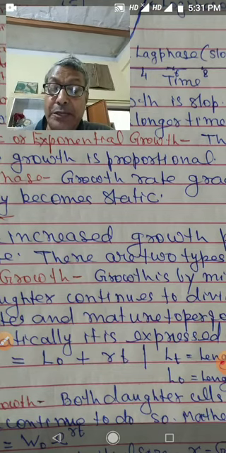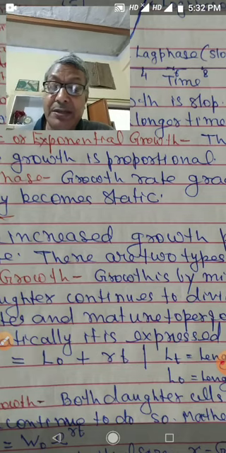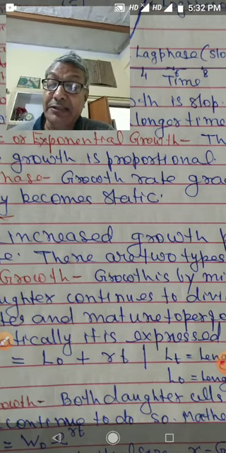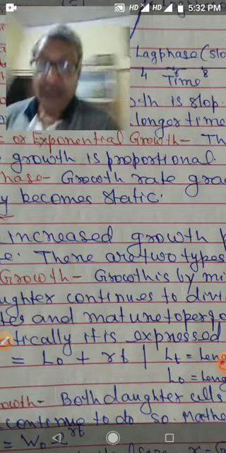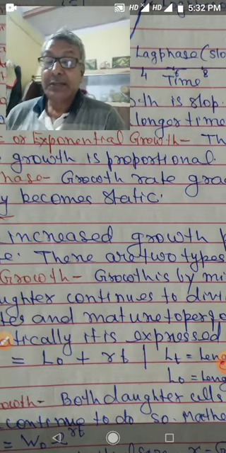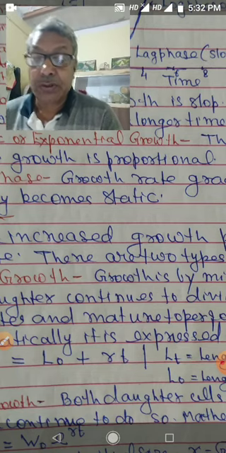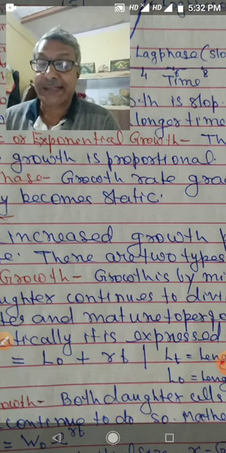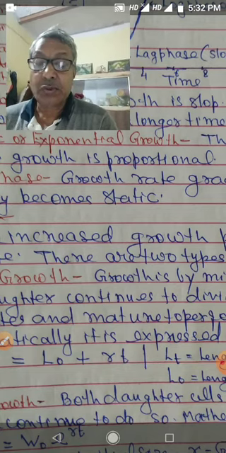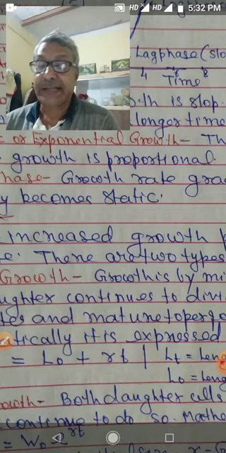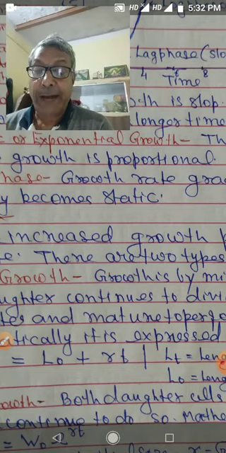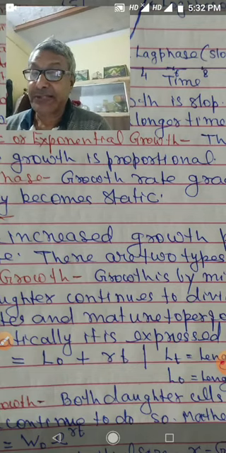So if only one cell is going to divide, what type of growth is represented? That is arithmetic growth. So you have to learn that in arithmetic growth, growth is by mitotic division and only one daughter cell continues to divide and the other cell differentiates and matures to perform specific function.